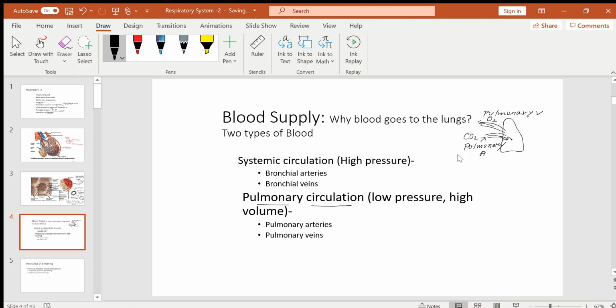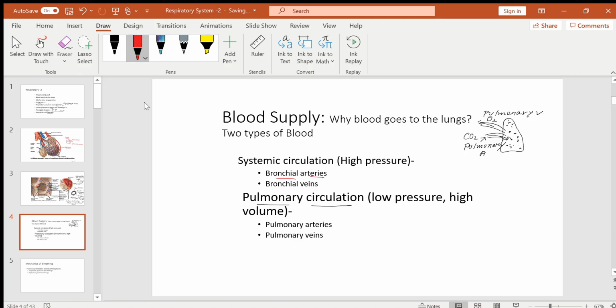However, lung tissue itself needs oxygen, right? Who will give oxygen to the lung tissue, to the alveoli of the lung? Because tissue needs oxygen and nutrition, right? That is given by the bronchial arteries.